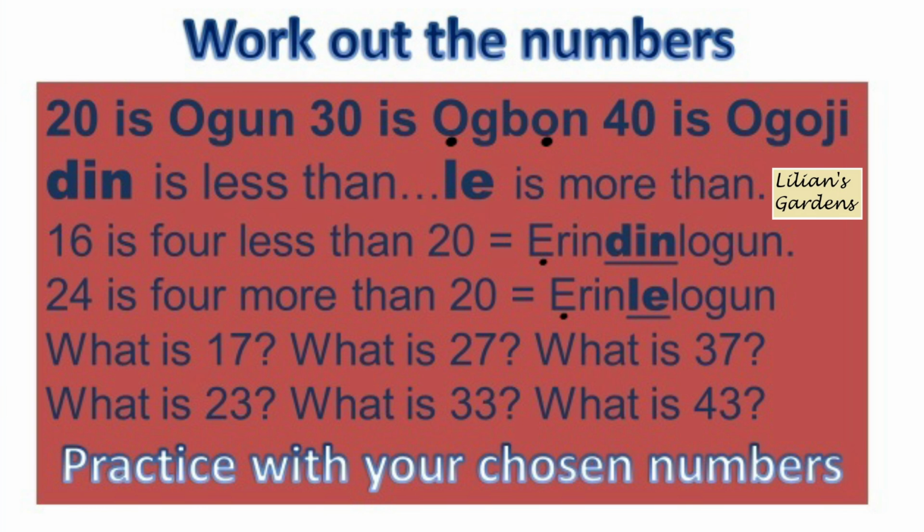What is 17? How far away is it from 20? What is 27? How far away is it from 30? 37, how far away is it from 40? Just look at which number they are closest to. Then you will be able to know if you should do a D or a Le. And also practice with your own chosen numbers.